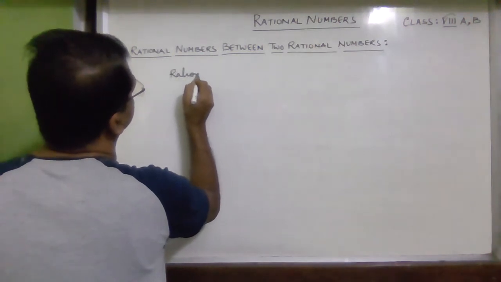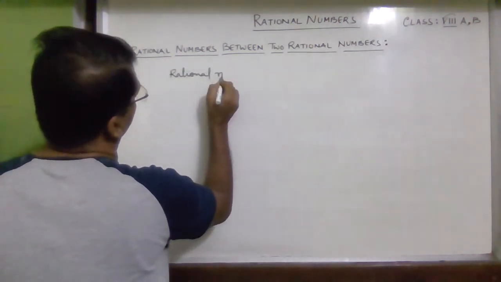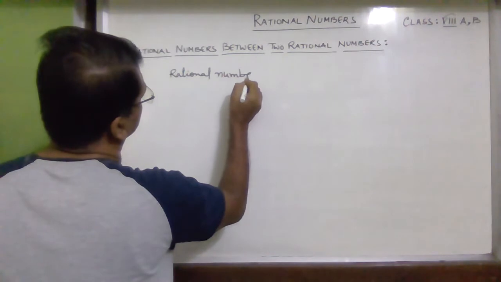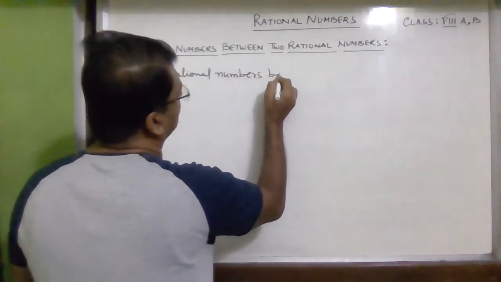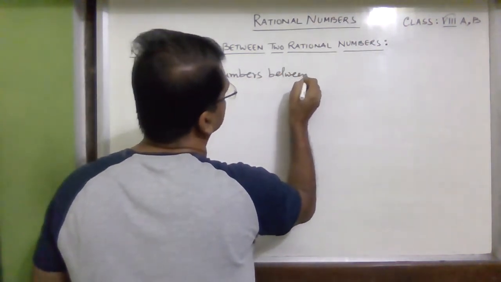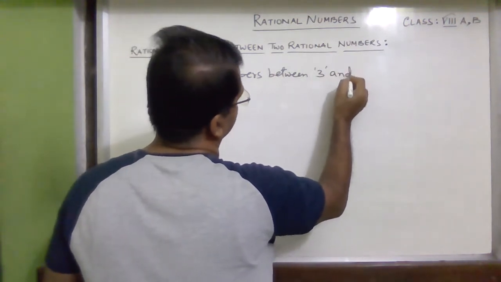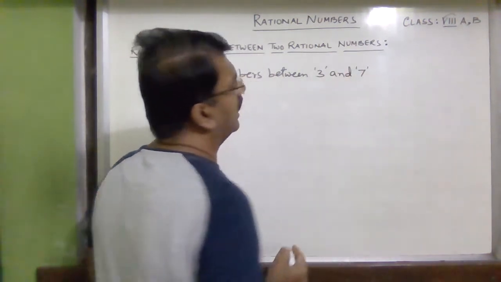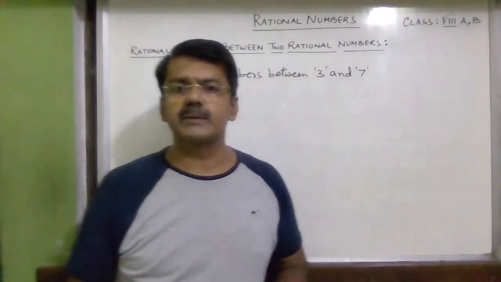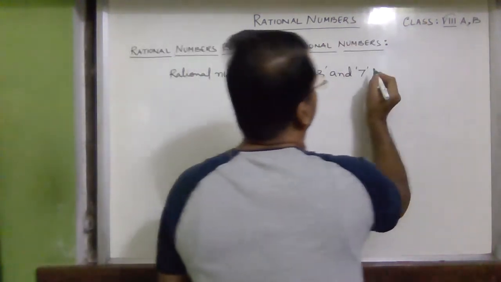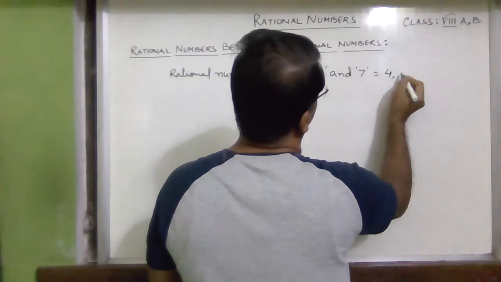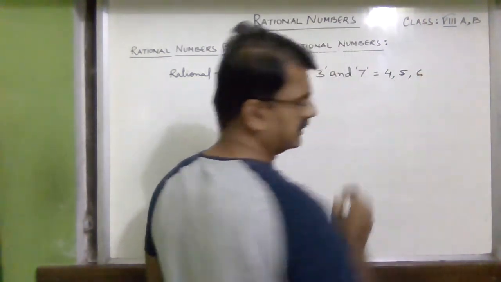Rational numbers between 3 and 7. Now, rational numbers between 3 and 7, you can say 4, 5, 6.